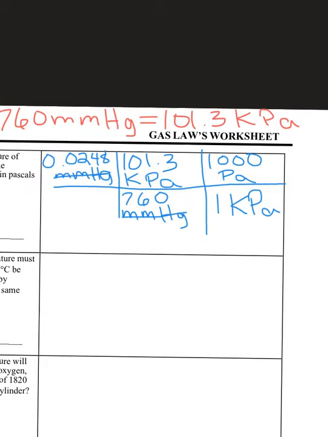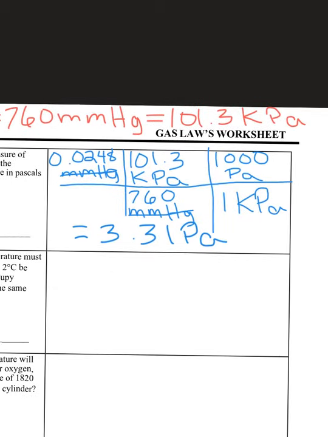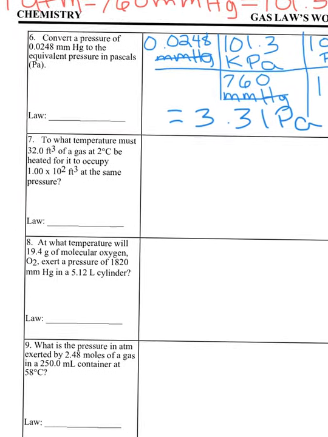So we have 0.0248 times 101.3 times 1,000 divided by 760, and we get 3.31 pascals. Final answer. Simple conversion problem, okay? What I have written in red on the top of the paper is on your Constants and Conversions section in your Star Chemistry reference material. So you're going to have that handy when you take your next quiz.